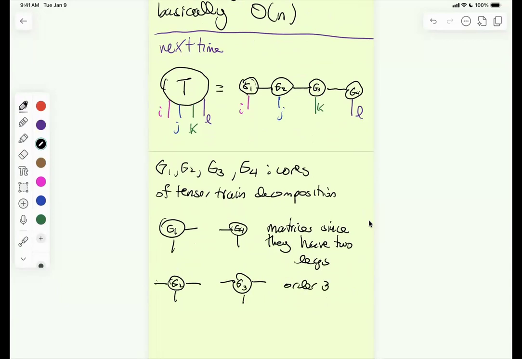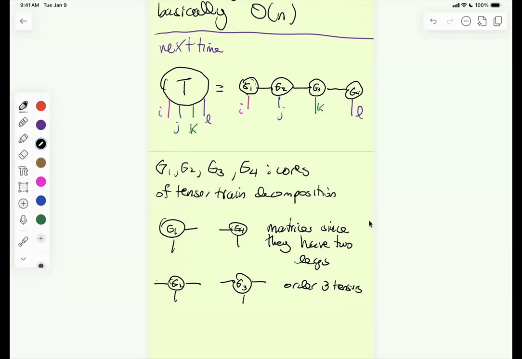If we have an analogous thing to matrix notation, of matrix multiplication, the tensor train is kind of like this matrix times this tensor times this tensor times this matrix. So it's a decomposition of that sort.